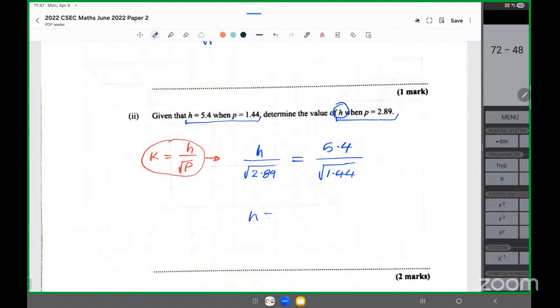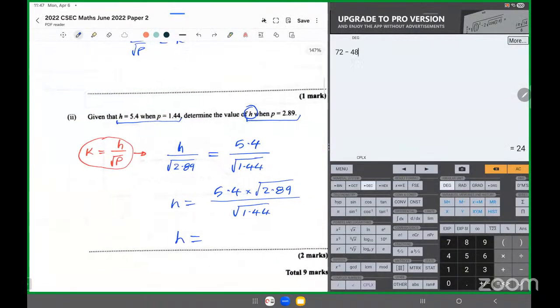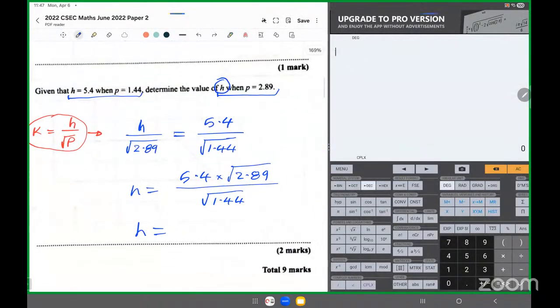The H becomes equal to 5.4 times the square root of 2.89 divided by the square root of 1.44. The H equals whatever this works out to, and you did not have to work with the precise or the exact value of K. This question did not ask for it, you don't have to actually work it out.